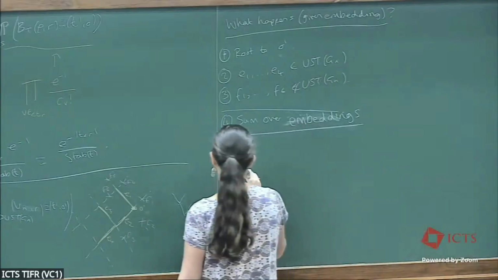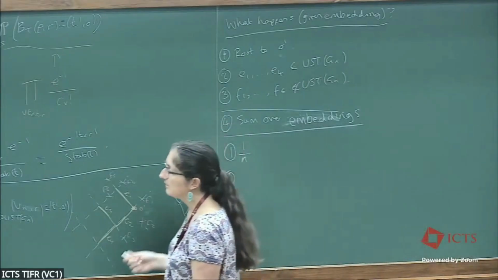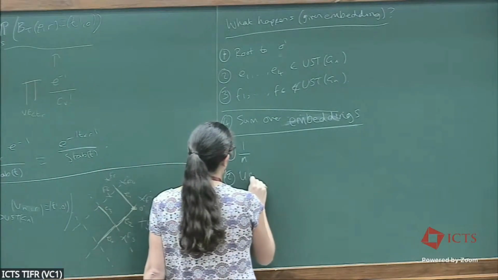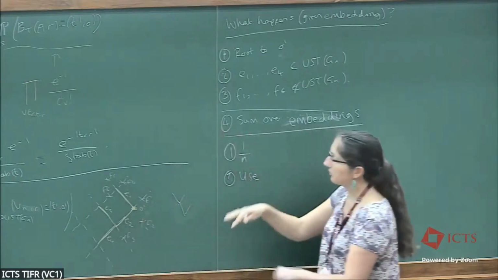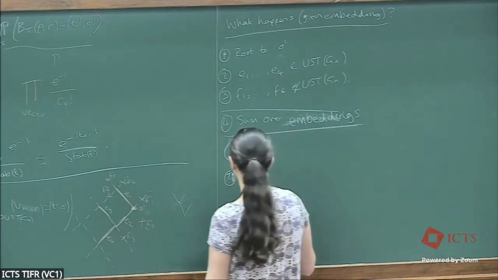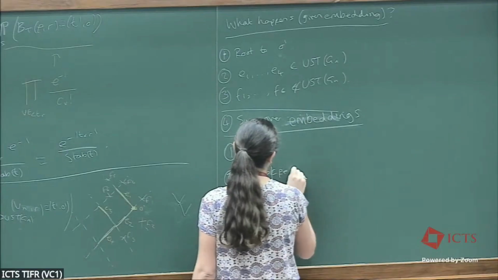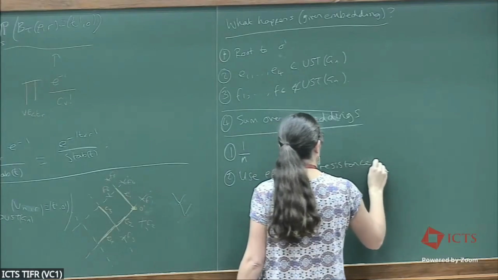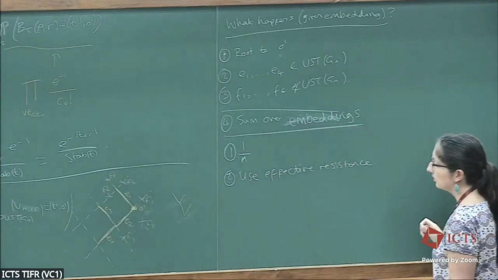What I need to do, and that's something I forgot to say, is figure out how to use the effective resistance to calculate it. At the moment, we only have a lower bound on the effective resistance. However, what we want is to come up with not just a lower bound, but really a good approximation. So I'm going to write: use effective resistance. What can we do to get a good approximation?